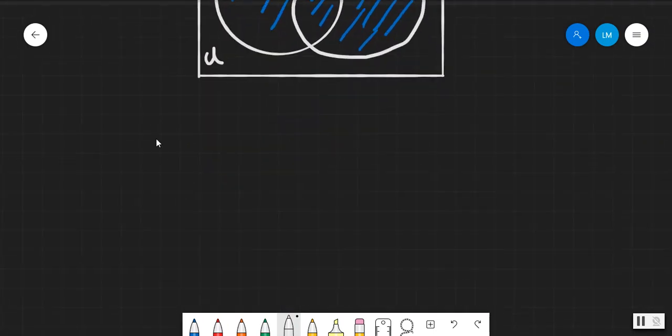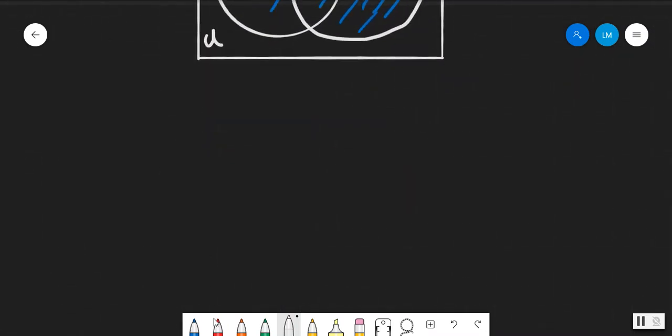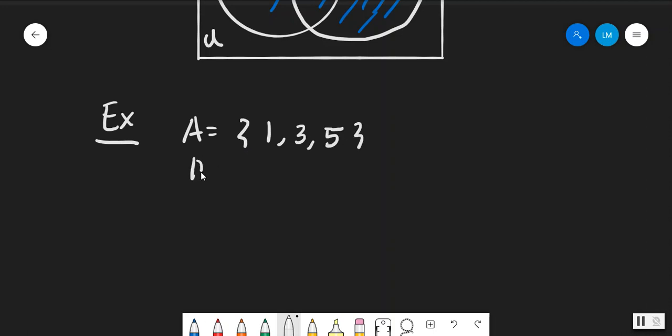Now, when we look at, for example, the union of two sets, let's say that we have the following example. Let's say that we have a set 1, 3, and 5, and a set 3, 5, 7, and 9.